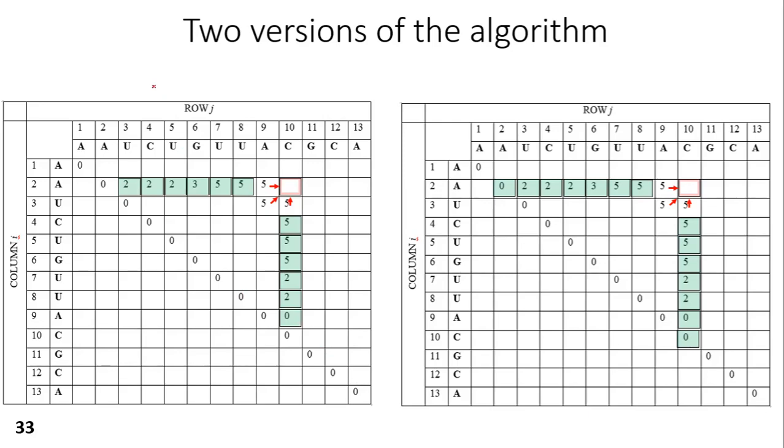So this is the scheme that we were following till now. Well, later on, a few papers were published that demonstrated certain advantages of including the values from the main diagonal in the calculation as well. So this is the second version of the same algorithm, in which you would include the value of 0, I mean whatever the value that is present in your main diagonal.